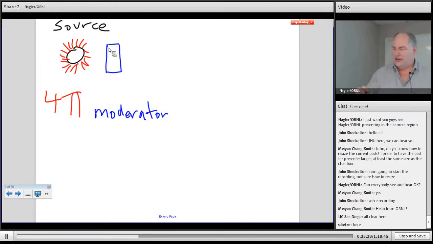Okay, now the point is, when this neutron comes in here and bounces around all over the place, from any point here, I also have, unless I do something about it, another 4 pi source of neutrons. So I have neutrons, again, coming out all over the place in all directions.